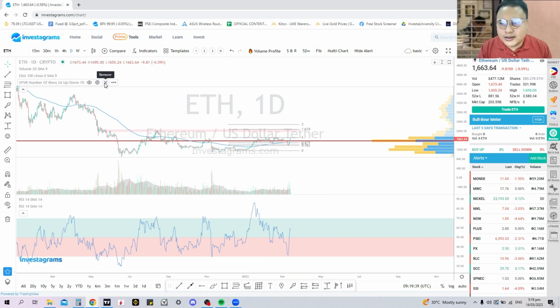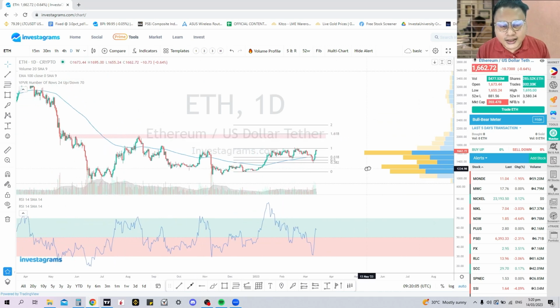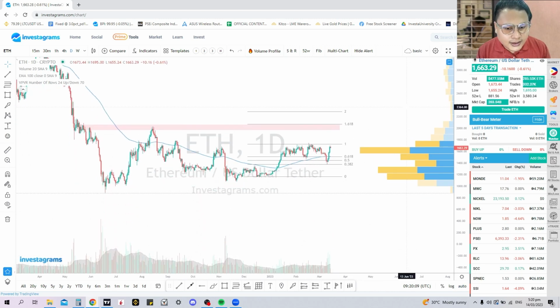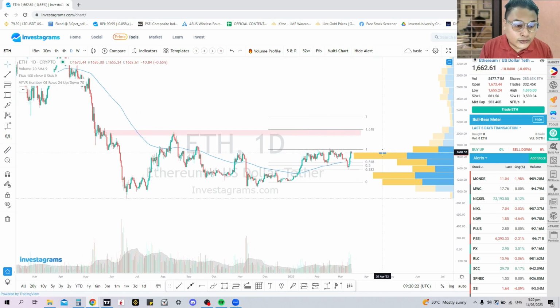So, basically, let's get into the use case na ng volume profile. Tanggalin ko muna tong RSI. So, ito lang yung mga indicators natin: yung volume, yung MA100, and yung volume profile visible range. In this chart, makikita natin na yung point of control is at 1646.